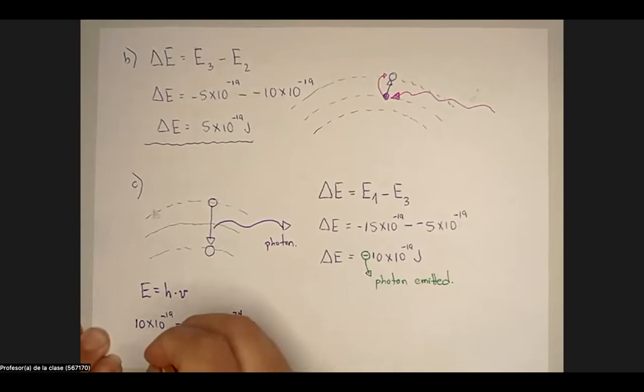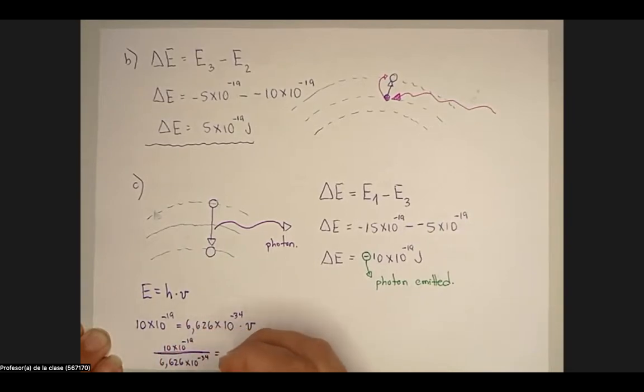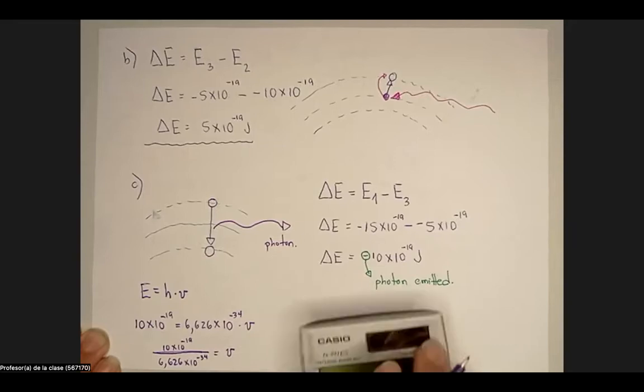Okay, so 10 by 10 to the minus 19 divided by 6.626 by 10 to the minus 34, Planck's constant. And that will be the frequency of the photon emitted.